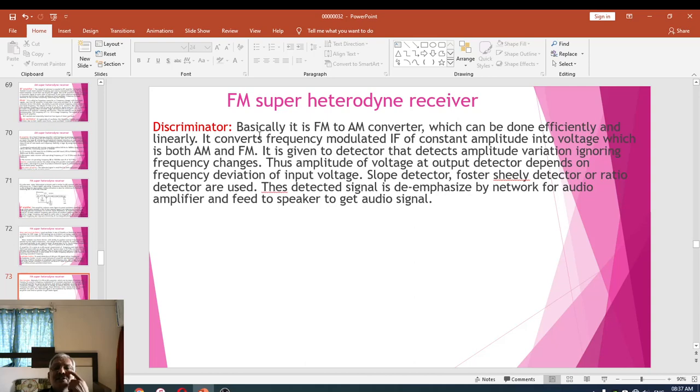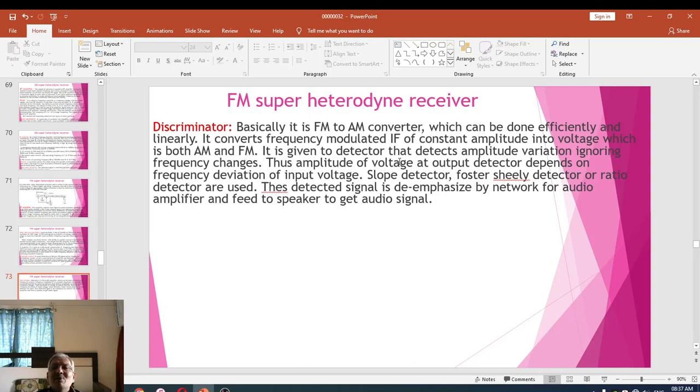It converts the frequency modulated IF of constant amplitude into a voltage with both AM and FM. It is given to a detector that detects amplitude variation ignoring the frequency changes.